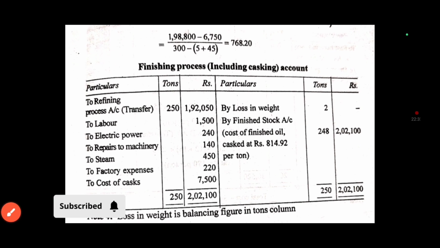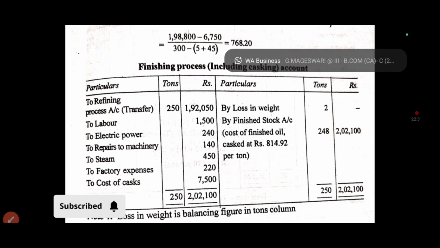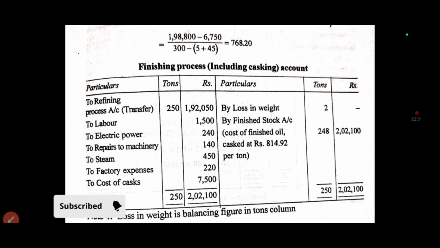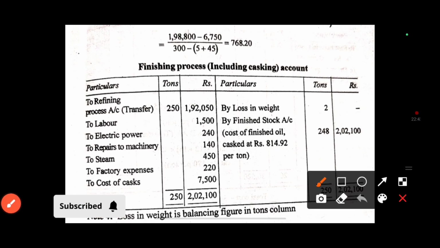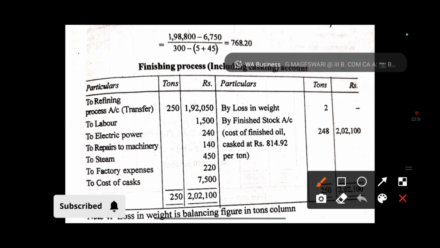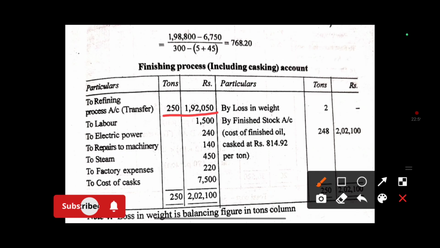Let's prepare finishing process including casting account. Okay, in finishing, whenever you start the next account, you have to transfer the previous process output and consider it as the input of the current process. What is the output we have in the previous process, which means refining process? 250 tons and 1,92,050 rupees output.